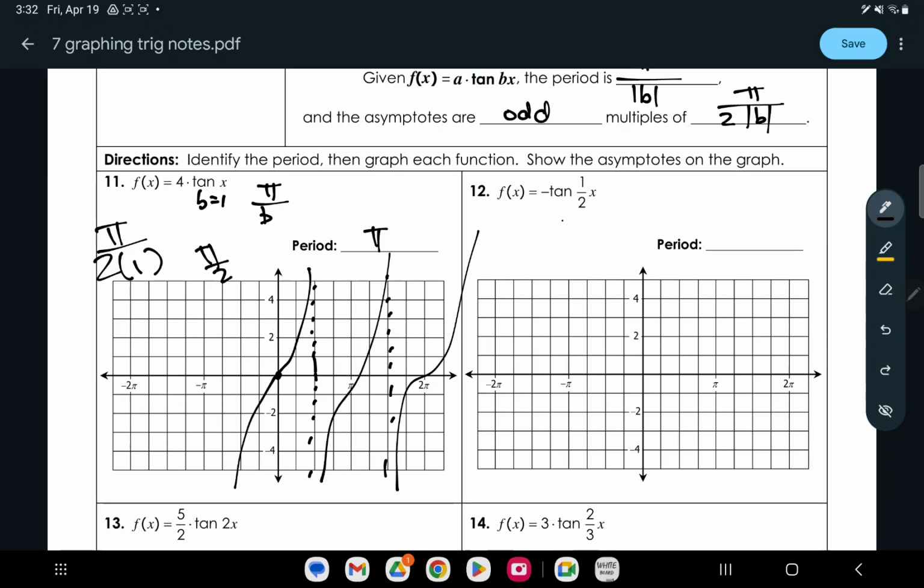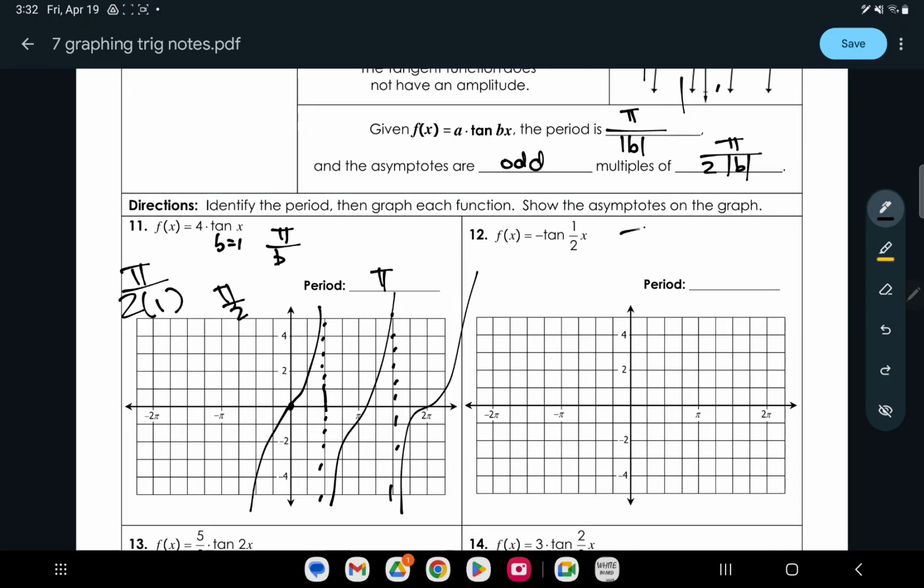Alright. Let's see. Period is pi over b. So pi over 1/2, which really is 2 pi. The negative tells me I'm reflected, so it looks something like this versus like that. So it repeats every 2 pi. So I'm starting here, and it repeats every 2 pi.